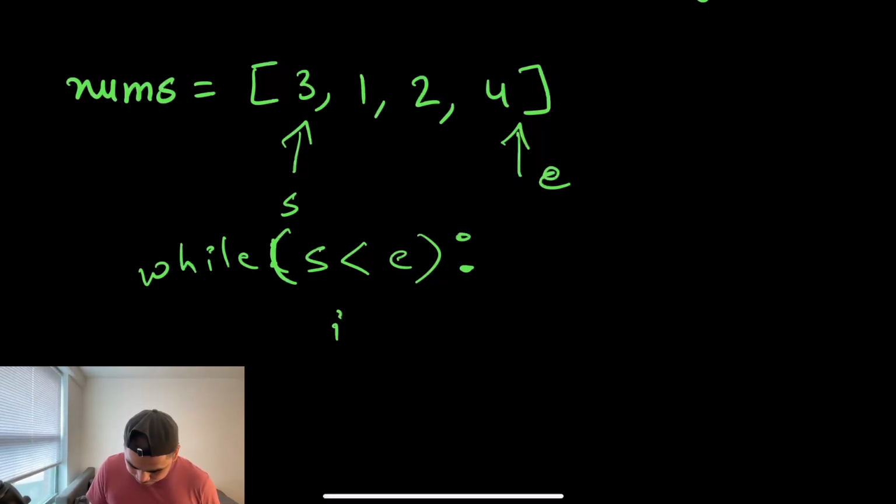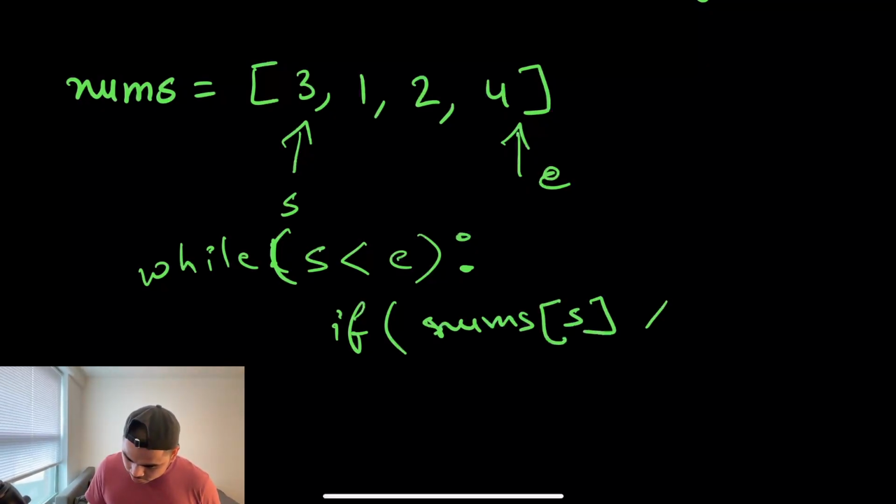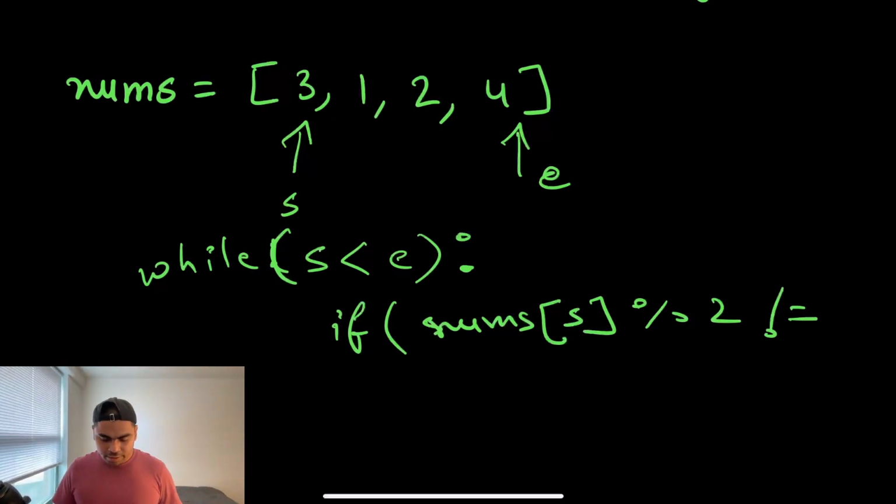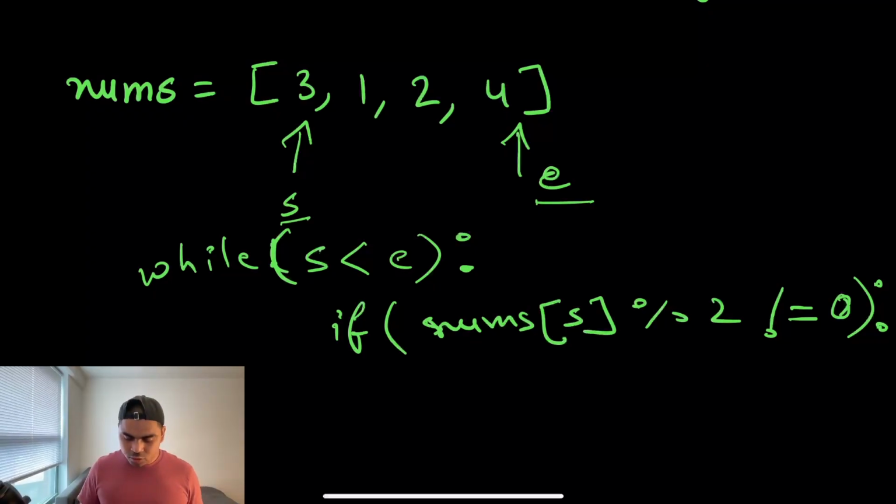So if nums at s is not an even integer, that is, if it is not equal to 0 when taking the mod, we will swap these values, end and start.